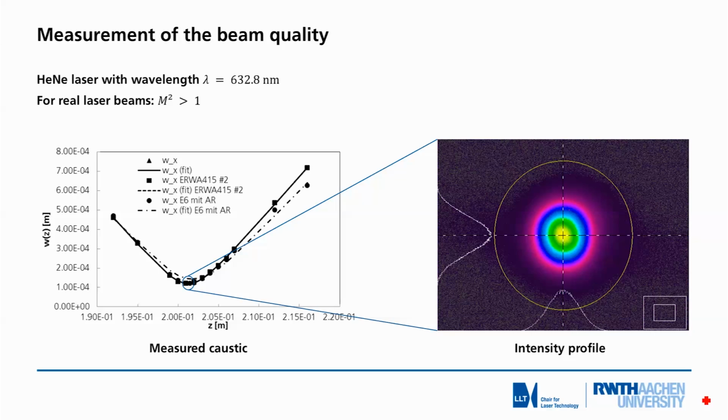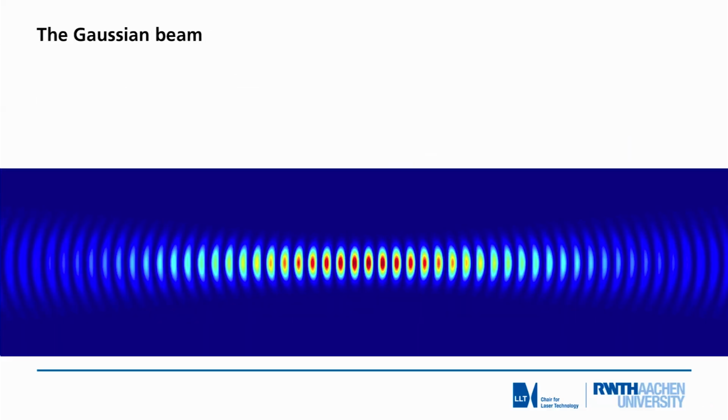You now see why we call it a Gaussian beam, because the intensity distribution in the direction perpendicular to the axis of propagation is a Gaussian profile.